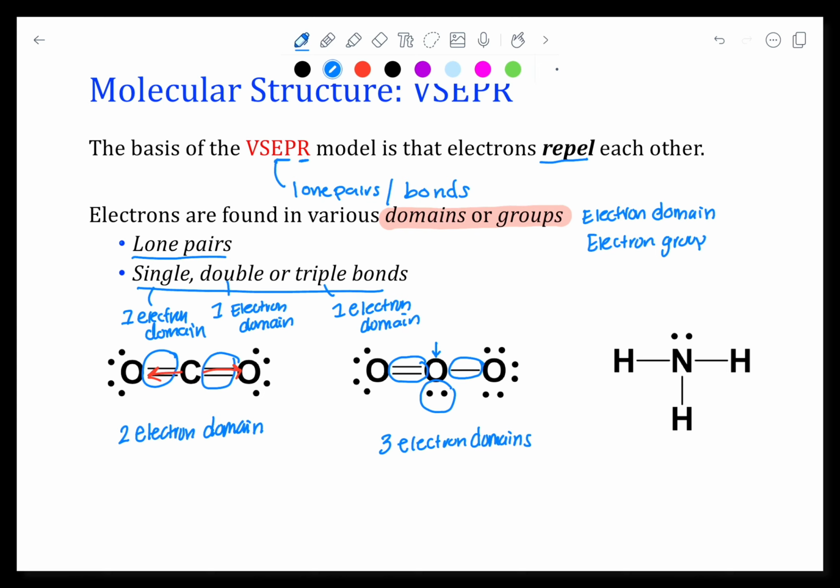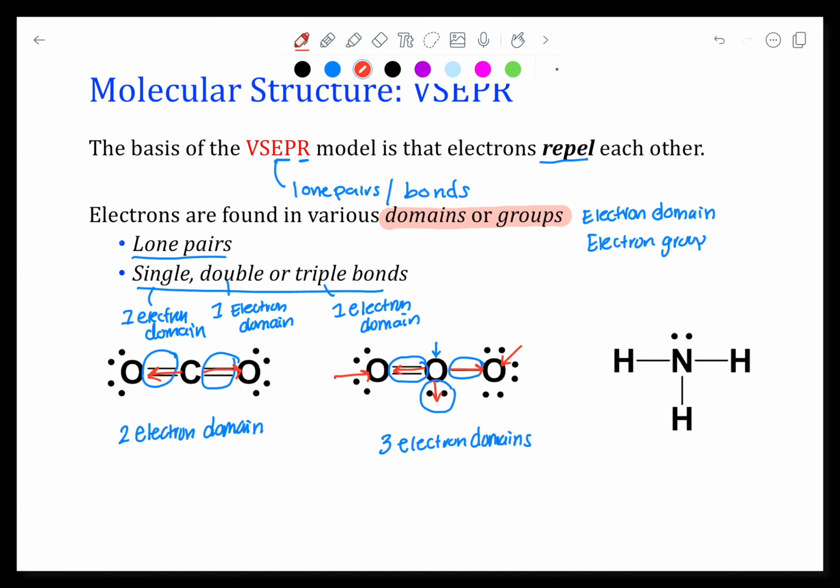The difference between a bond and a lone pair doesn't matter, because the electrons are localized in 3 different directions or 3 different areas. We have the electrons going in this direction, and that direction. It doesn't matter if they're going towards a bond or towards a lone pair. And again, it doesn't matter that these oxygens have lone pairs on them, because we're not looking at the geometry of the peripheral oxygens.